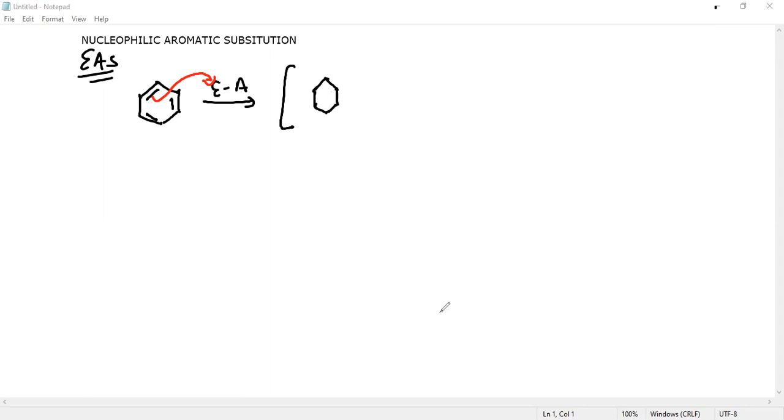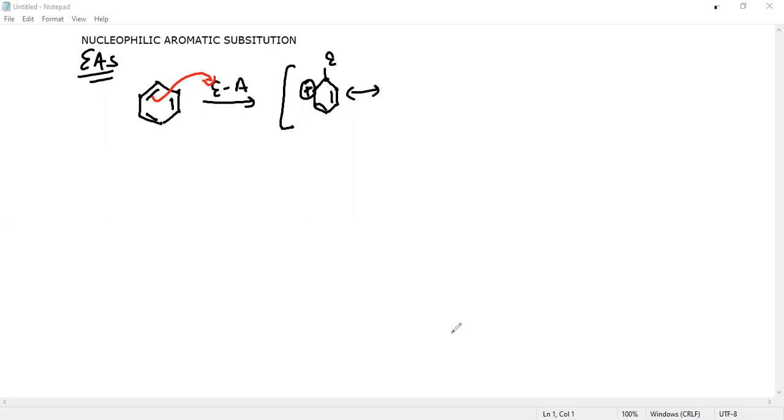Let me redraw it for you. So we have this, and then let's say your electrophile gets attached here, and you have a positive charge here due to loss, and then you know resonance can happen here. So what will happen? This bond can move here.